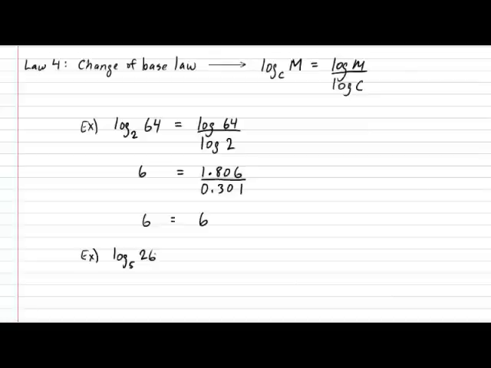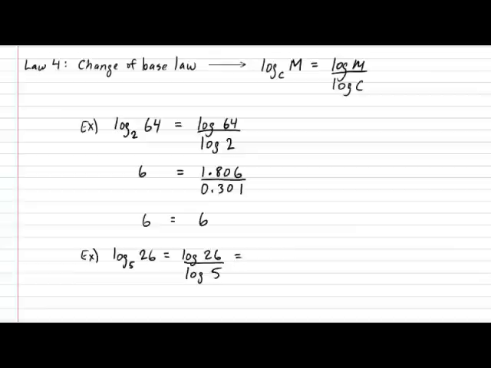Now this would be hard to punch in on a regular calculator because the default log button is programmed in base 10 and not base 5. But using the change of base law, you can use your default log button to type in the following. This is equivalent to log of 26 divided by log of 5.